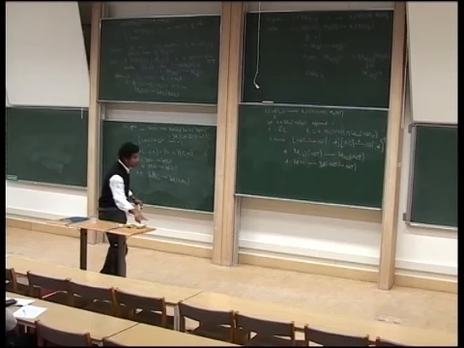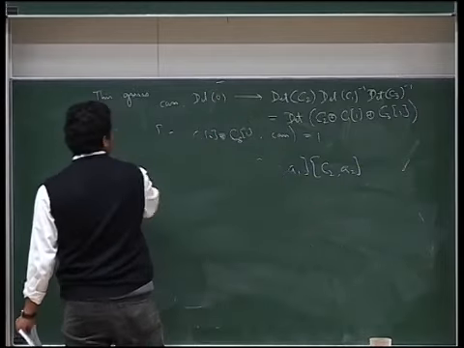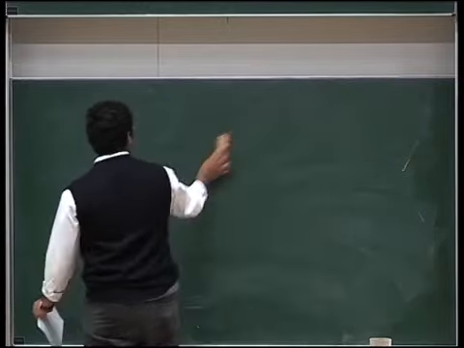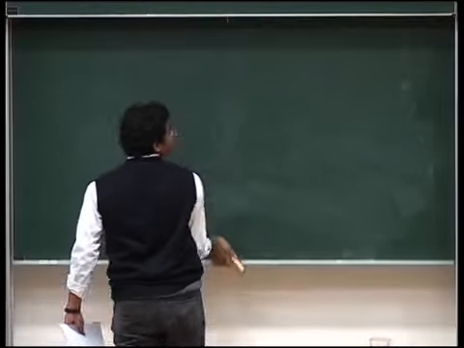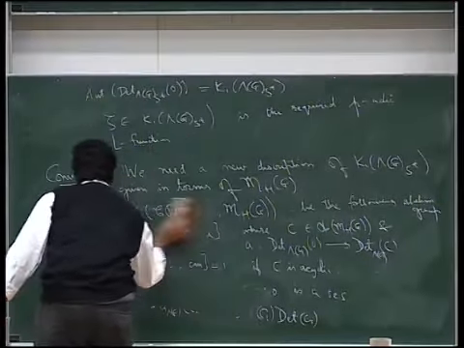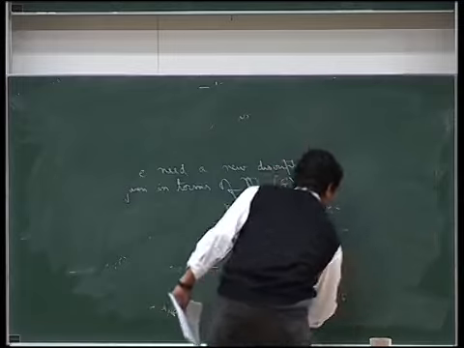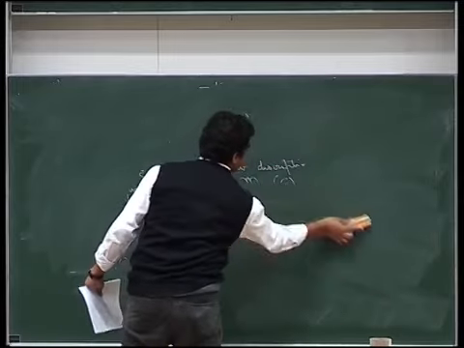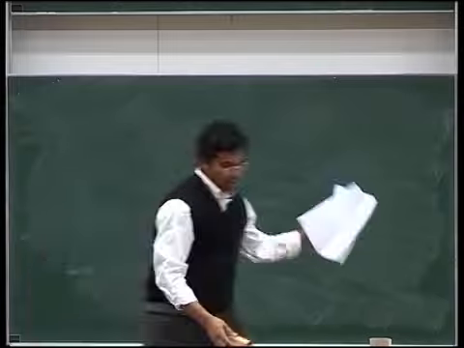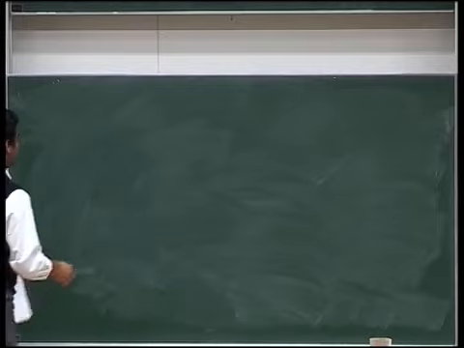Now let me just briefly recall and describe the localization sequence with this group instead of K1 of lambda G S. So the nice thing about this new description of K1 is that it's in terms of exactly the objects that we are interested in.